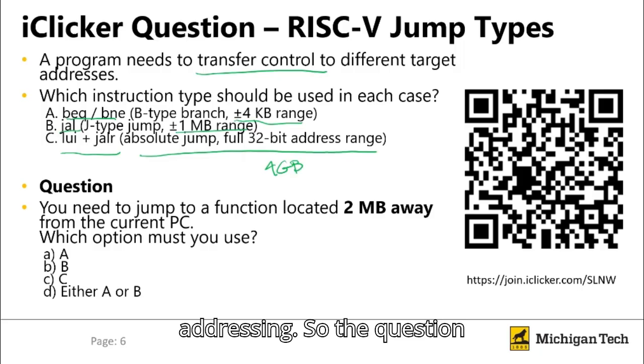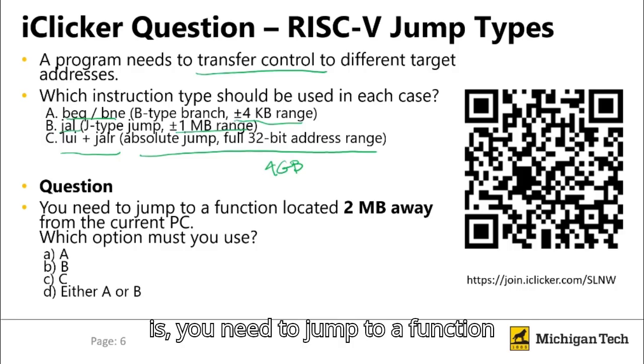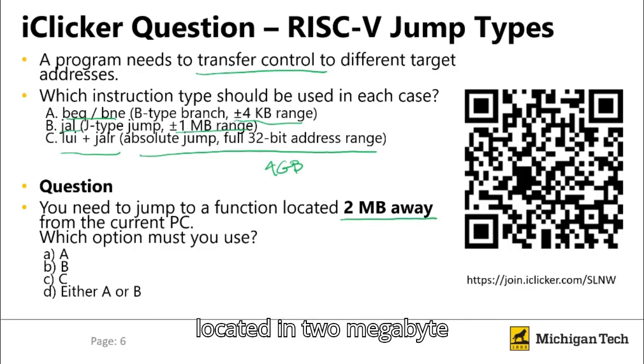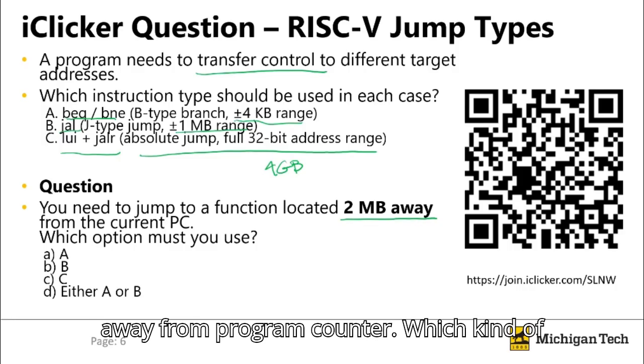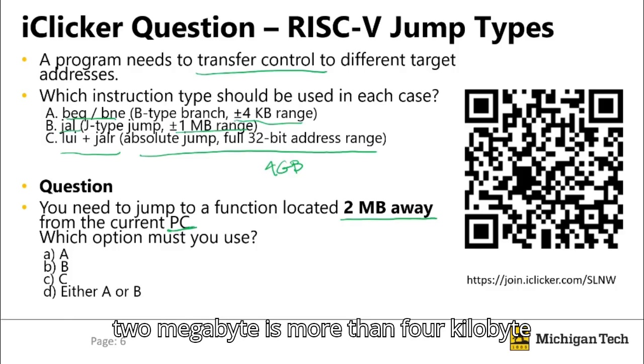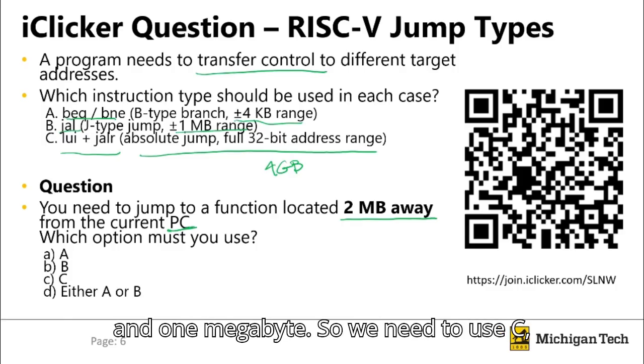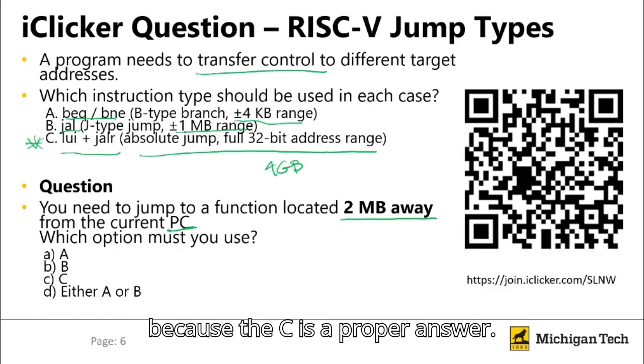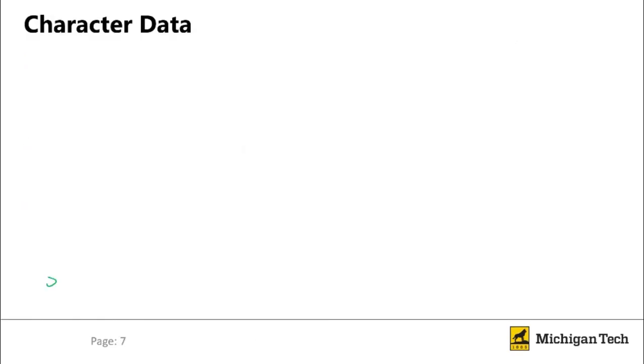So the question is, you need to jump to a function located 2 megabyte away from the program counter. Which kind of instruction can you use? Because 2 megabyte is more than 4 kilobyte and 1 megabyte. So we need to use C. So C is the proper answer.